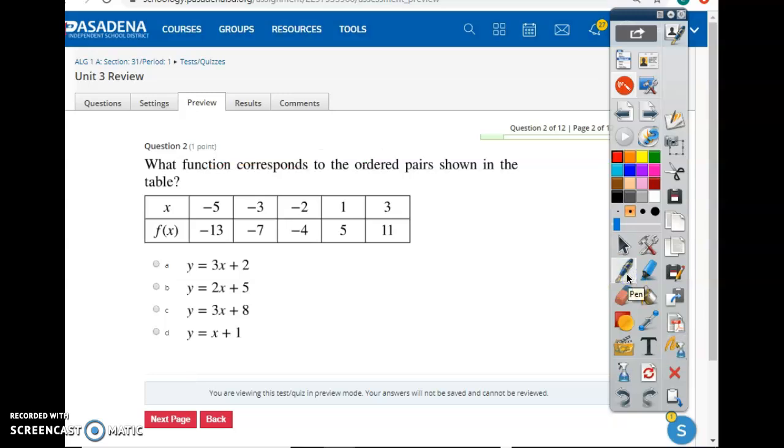In this one, you can just add a table in Desmos. And put all of your, these are your X's, and these are your Y's. Put them in Desmos. And then type all the answer choices and see which one goes through all of the points.